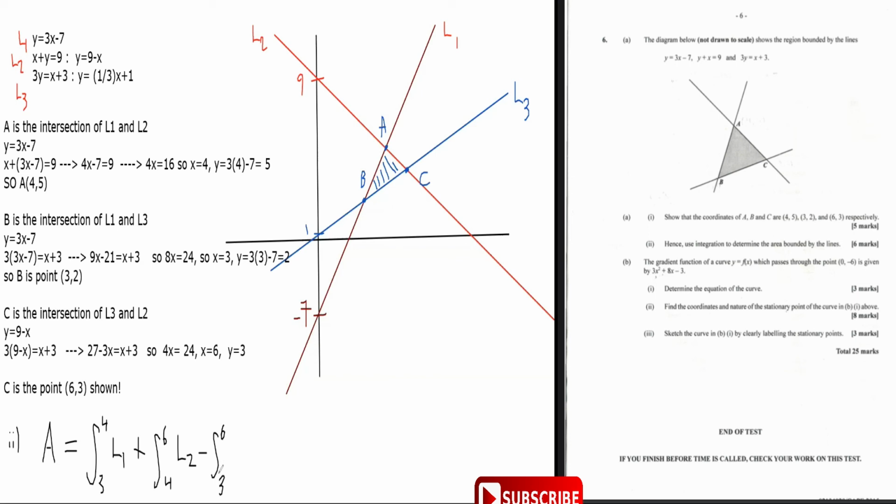That BC line was L3. So let's work this out now.